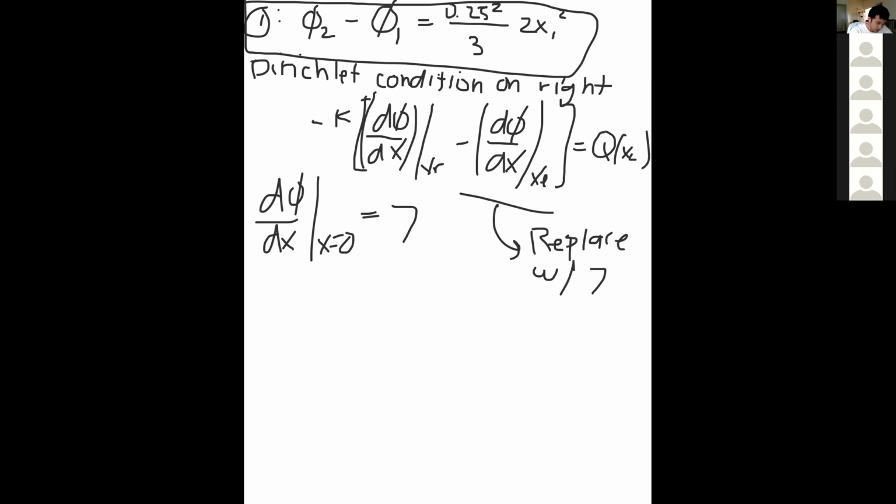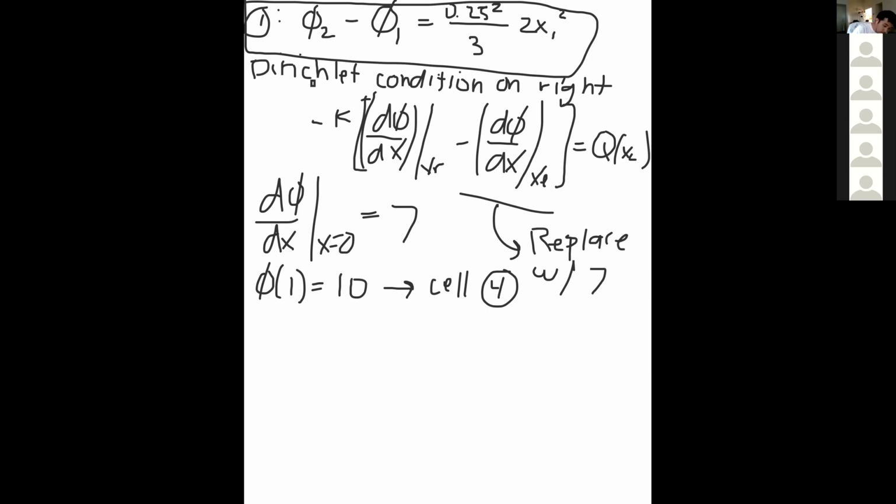Yep. Okay, so let's do the Dirichlet condition on the right. The Dirichlet condition on the right was given by this. We said that phi at 1 is equal to 10. This will give us the equation for cell 4. So let's go back to this equation right here.